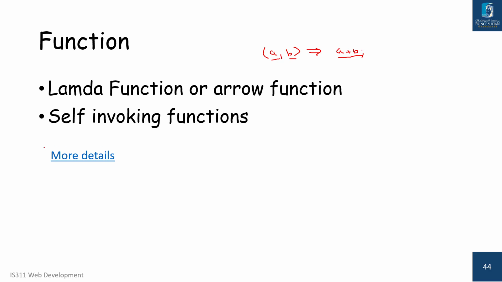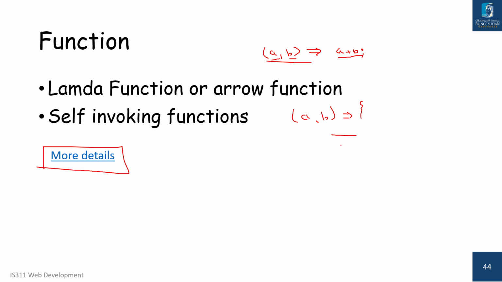So we can use arrow functions to shorten the code rather than writing the full function. We can simply write anonymous functions using this, which return only one value.